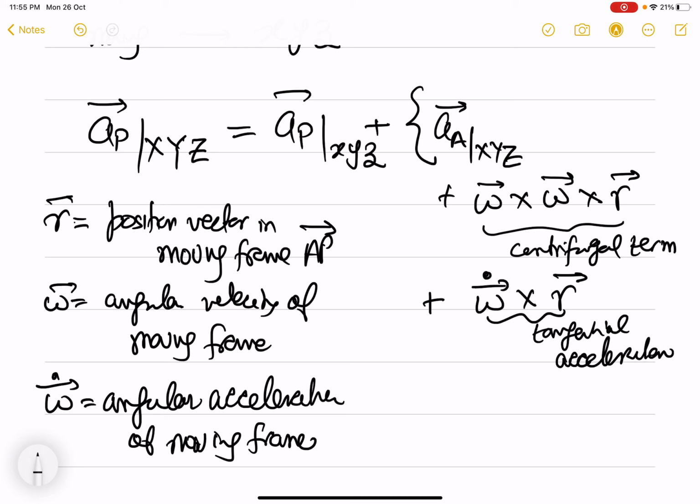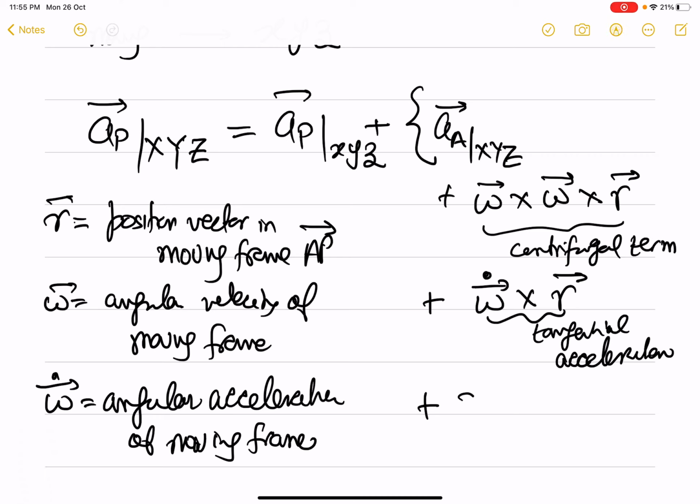So notice now there are four terms we have already written. The acceleration of point P as seen from the moving frame, and then I am clubbing four terms in a curly bracket. The first is acceleration of the origin, a centrifugal term, a tangential acceleration, and the fourth term, which is actually the fifth term on the right hand side.